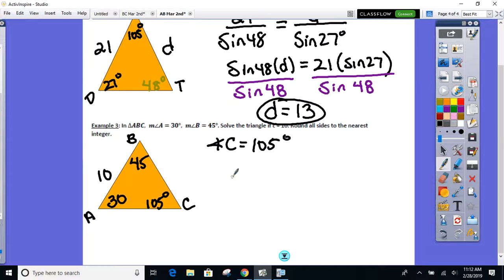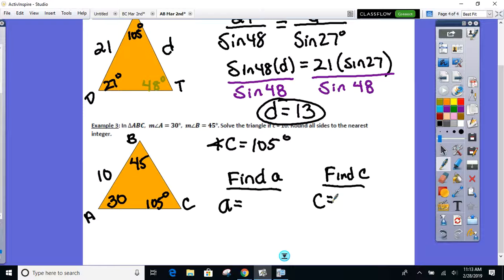All right, so I'll walk around. You guys find side B and side A. And I'm going to do an example 4 before we leave too, so keep a little room to get example 4 in. 22.